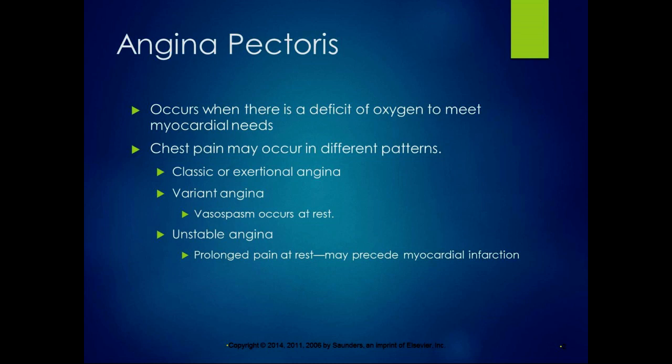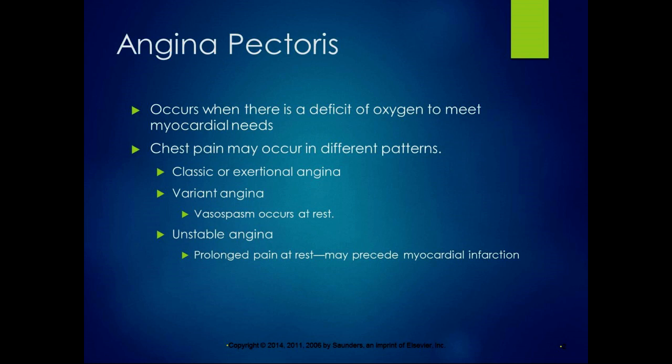You can get different patterns of chest pain. There's one pattern that's called classic or exertional angina. And that's when you go out to shovel snow and you get chest pain. You did it on exertion.